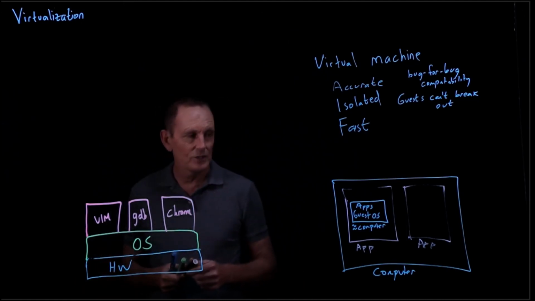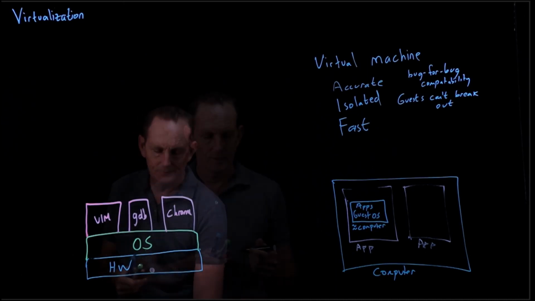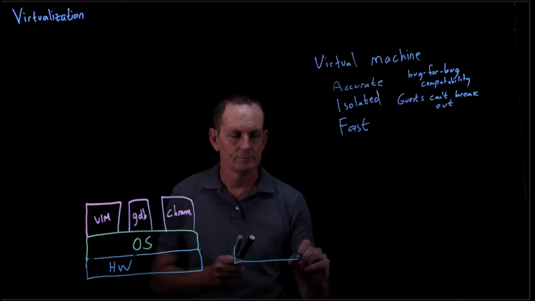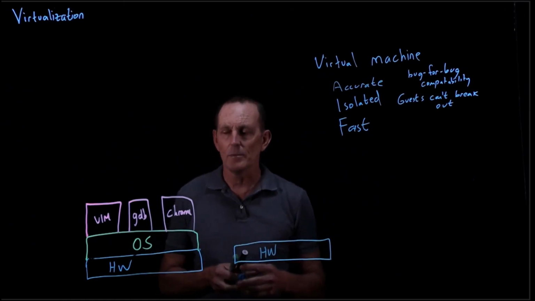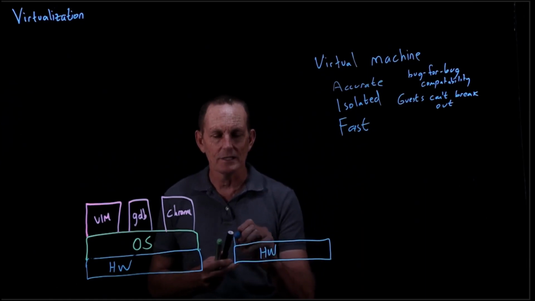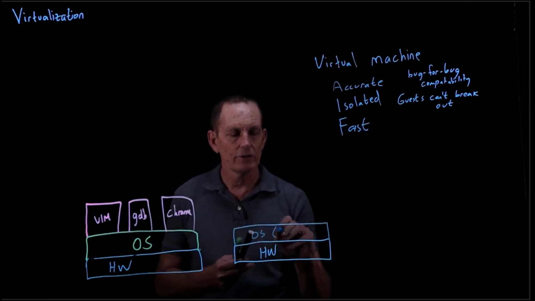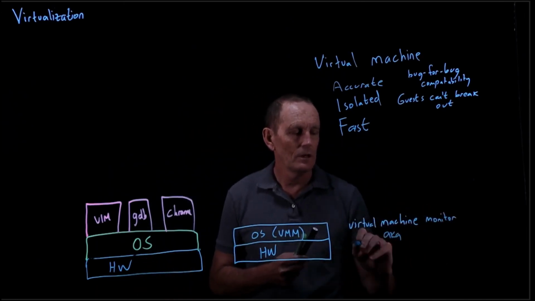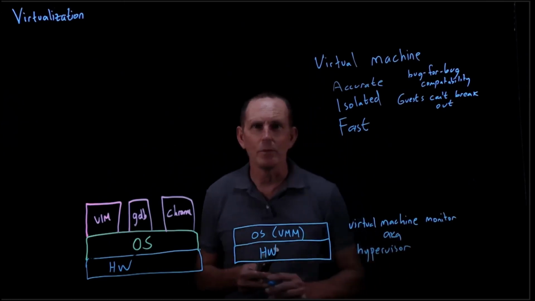When we're using virtual machines, here's what we'll do. We still, of course, have our hardware on the bottom. And on top of the hardware, we may then have an operating system, which we'll call a virtual machine monitor, also known as a hypervisor.